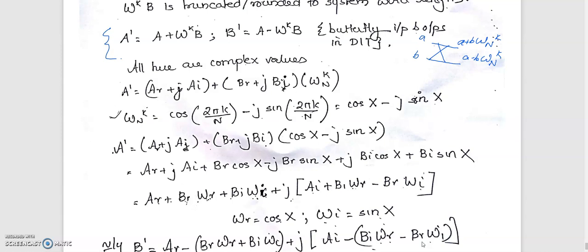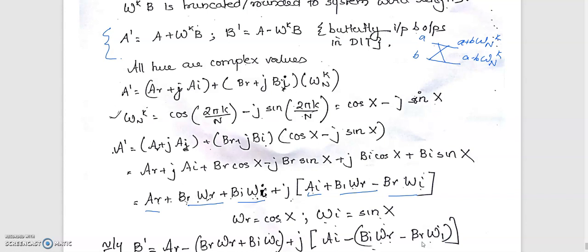Multiplying all of these, the ultimate result will be A_R plus B_R W_R plus B_I W_I. This will be the real part of the final output, and the rest will be the imaginary components that make up the imaginary part of this final value.